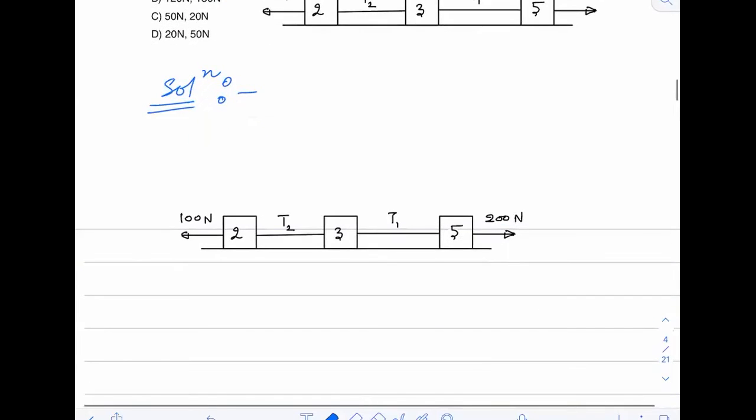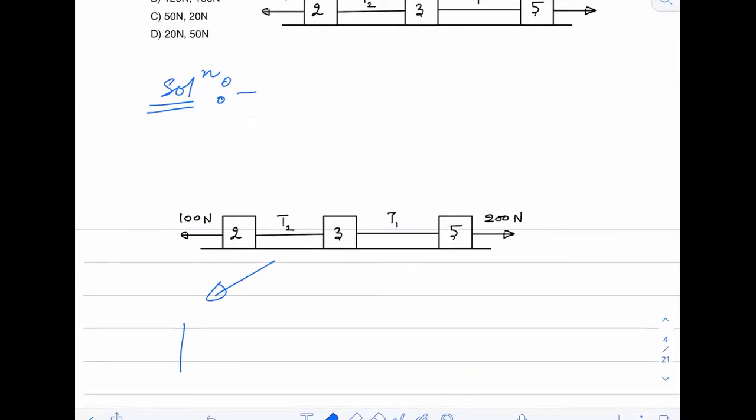So in that case, I can assume that I am having a body of 10 kg, which is having a net force of 200 minus 100 Newton, which is a net force of 100 Newton on it.